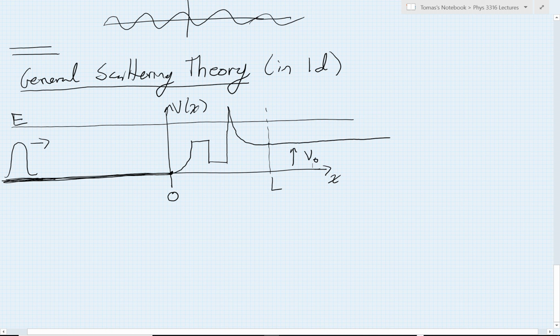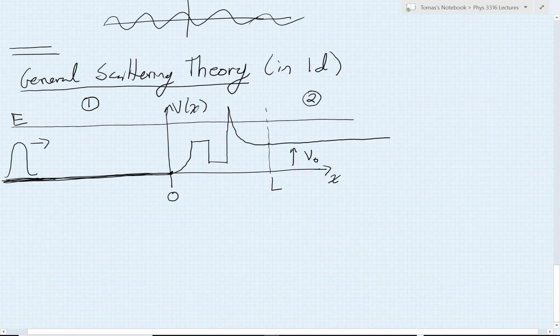So, again, just to be organized, we will divide things into regions. There's going to be a region 1, which is my incoming region. It's classically allowed. There's then going to be a region 2, which also is a classically allowed region.